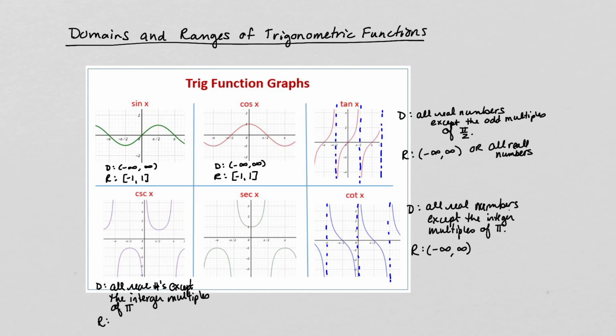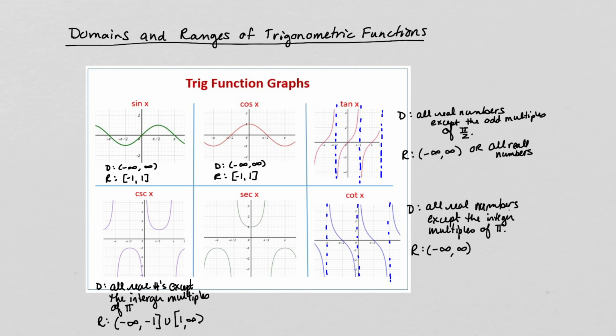So it's from minus infinity up to -1, and then we jump back up to +1 and keep going to infinity. So the range is minus infinity to -1 union +1 to infinity.